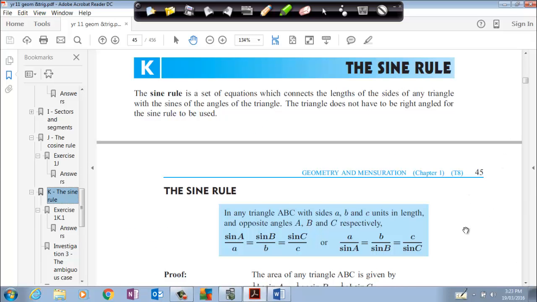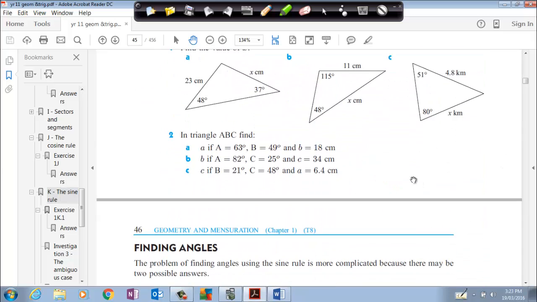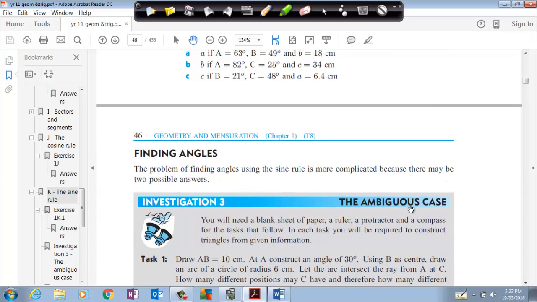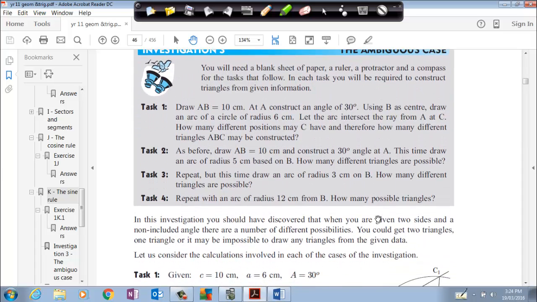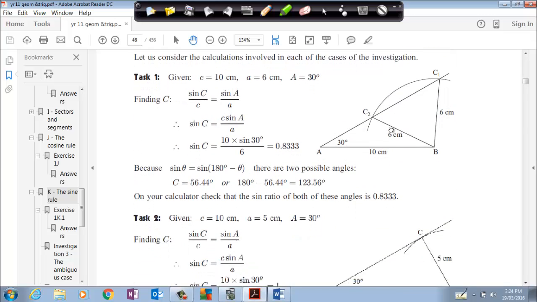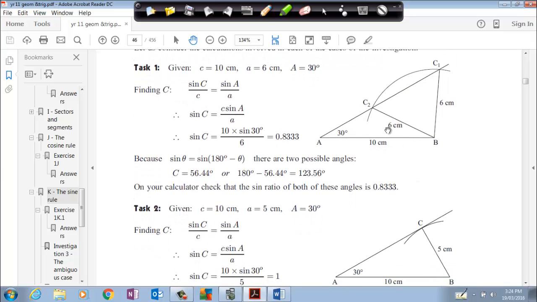Now we'll go on to finding angles. This is a little bit more difficult than the cosine rule because we've got the ambiguous case. It's easy to see with this example here, where let's take side 10 centimetres and we have a side of 6 centimetres, and we have an angle and we have to find the other angle using the sine rule.